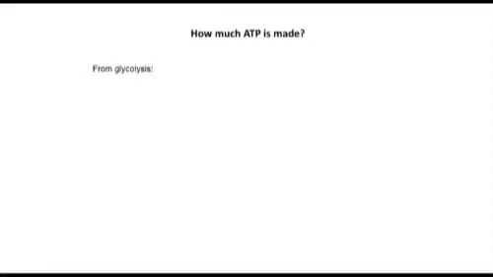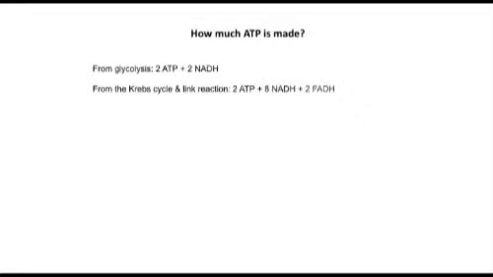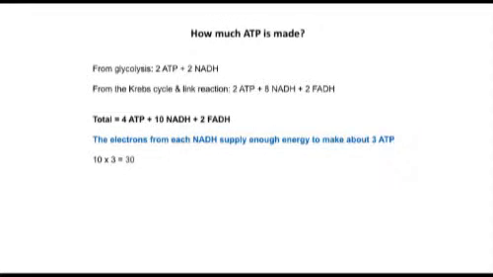It's time to work out how many ATP molecules we can get for each glucose. From glycolysis, we have 2 ATP plus 2 NADH. From the Krebs cycle and the link reaction, we have 2 ATP plus 8 NADH plus 2 FADH. Now, the electrons from each NADH supply enough energy to make about 3 ATP.